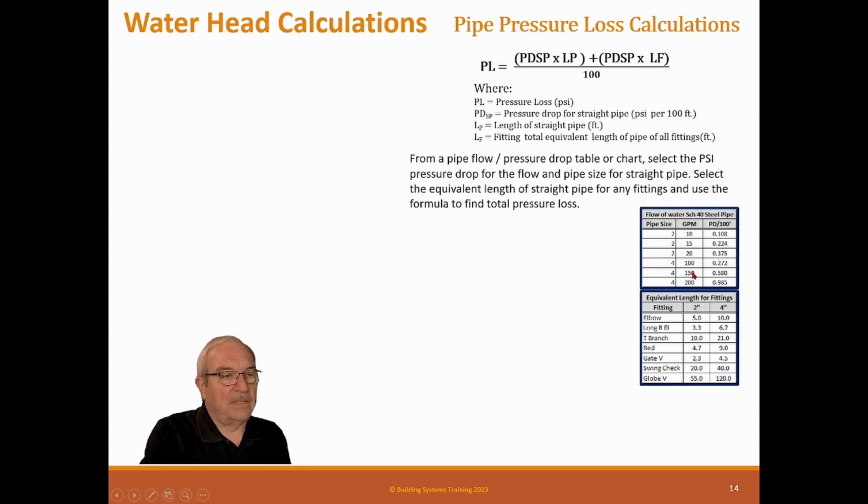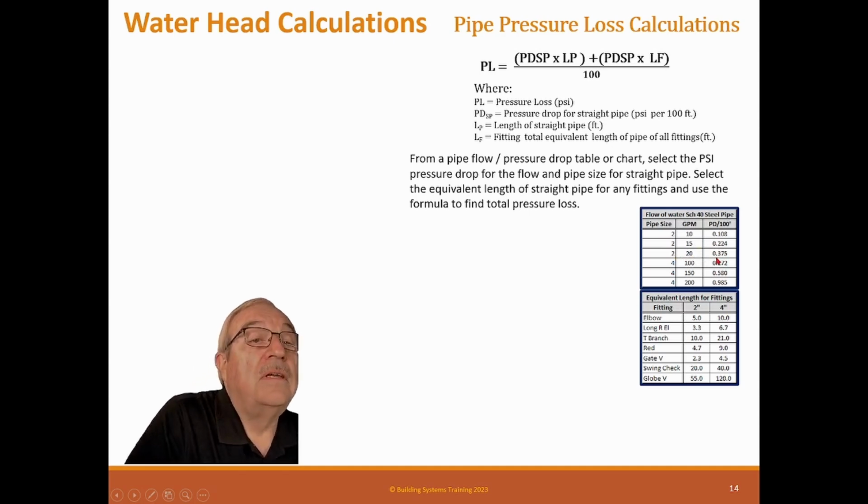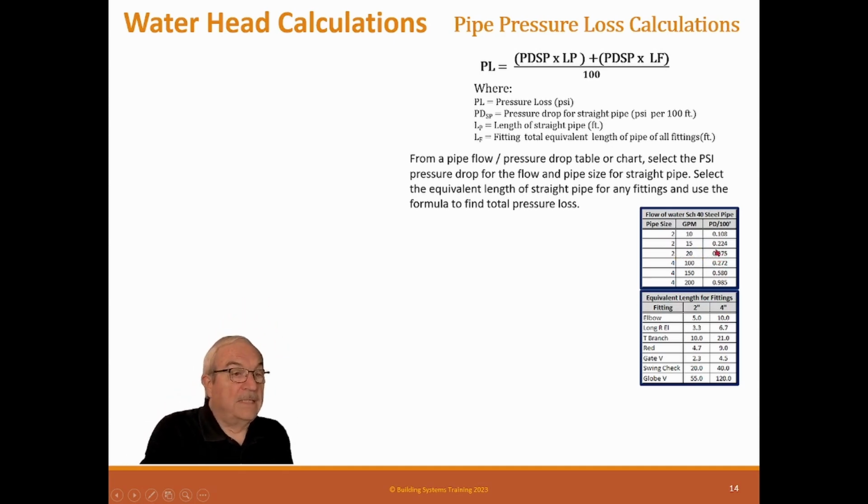I always like to use the Carrier book for this, but many of them have tables. I also use Crane Flow of Fluids for this. Here it says this is 2-inch pipe, and this is the GPM. So if you have a 2-inch pipe flowing 20 GPM, the pressure drop per 100 feet is 0.375. So that's what you look up.